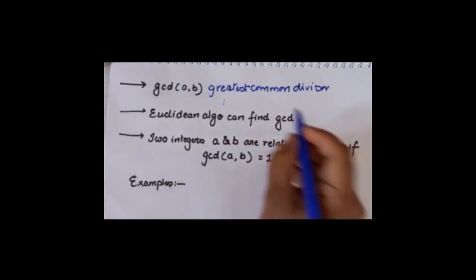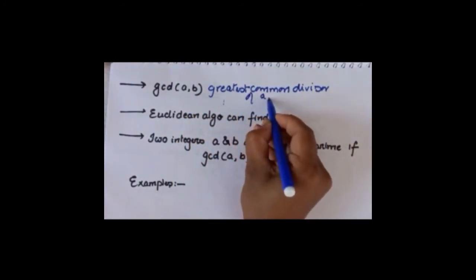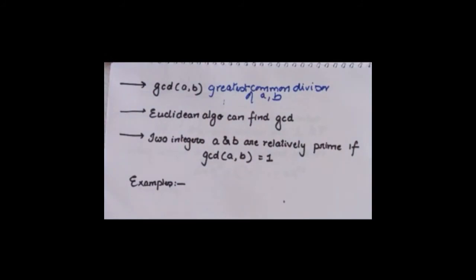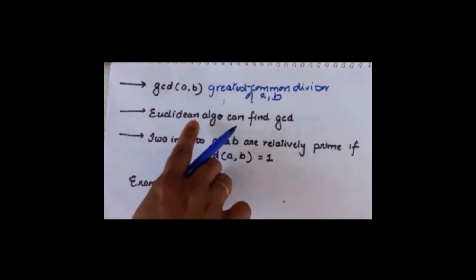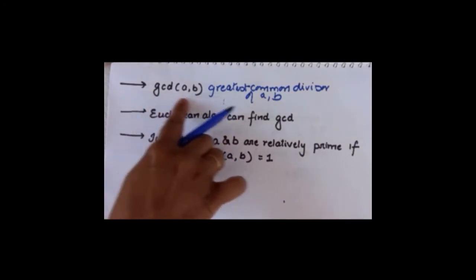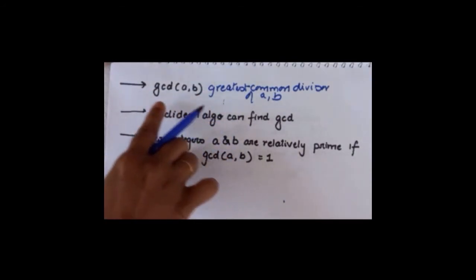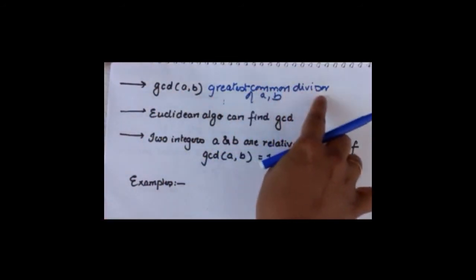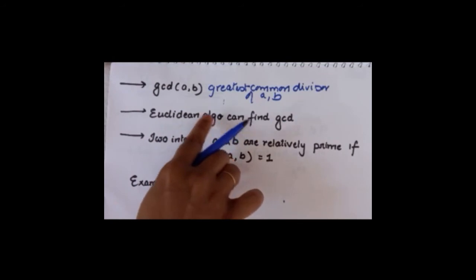So greatest common divisor of a comma b, this is what you mean by GCD. And always remember, a method for finding out GCD is the Euclidean algorithm, which is going to help you in finding out GCD of two positive numbers. So GCD stands for greatest common divisor of two integers, and the Euclidean algorithm is a method for finding out GCD.